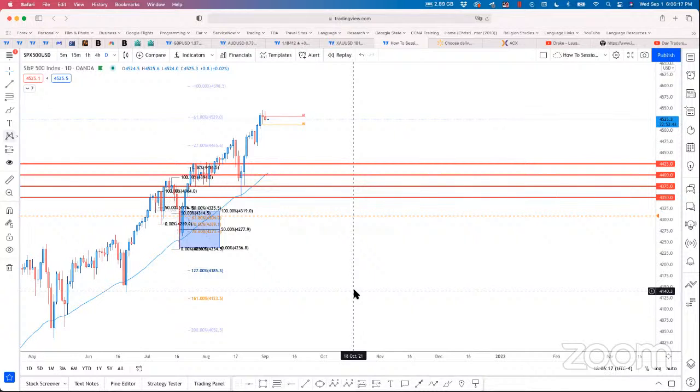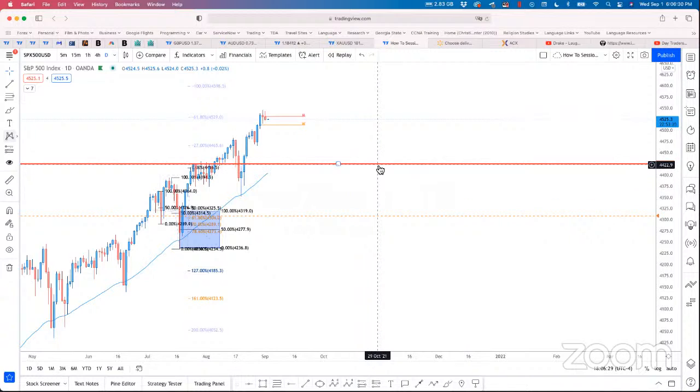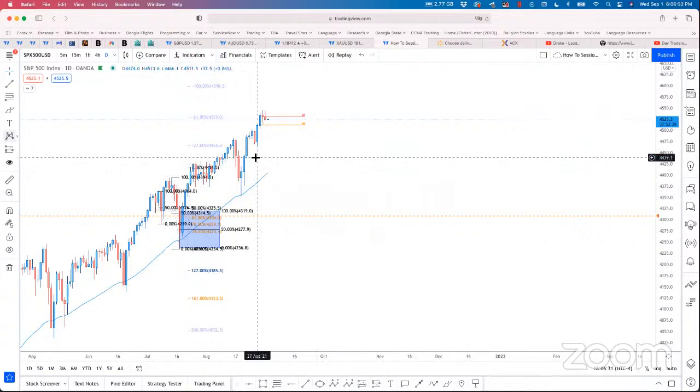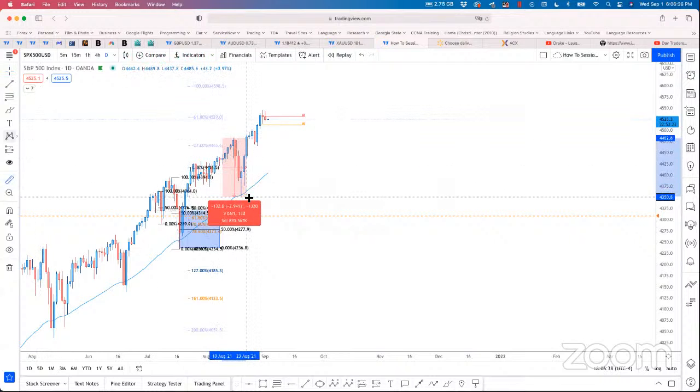And then, you know, we've been doing 3 to 5% corrections on SPX this whole year, on the daily. So we've been doing 3. Like I said, this is about, that's almost 3.